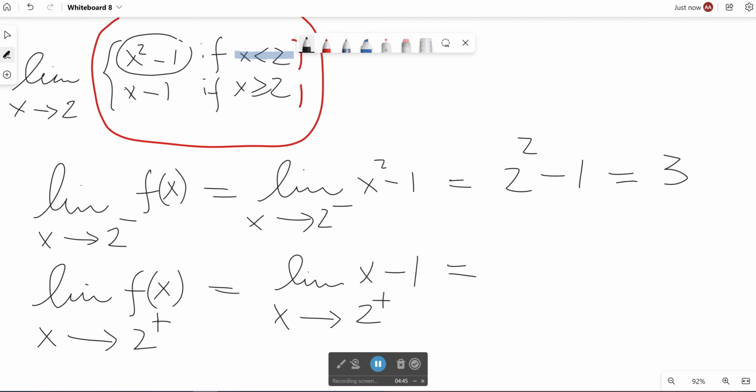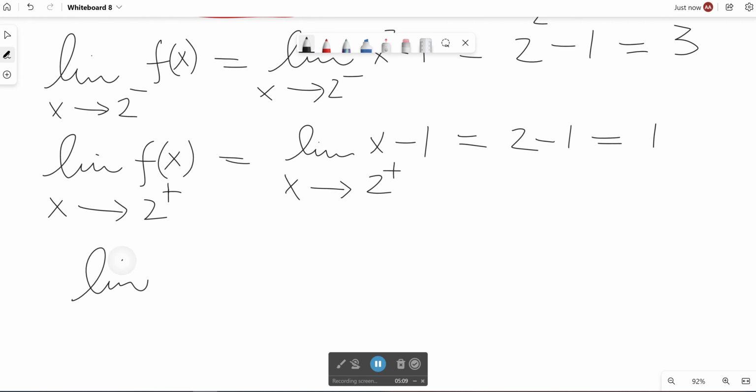Which is a closed form function, and therefore I can plug in 2 for x to get my limit of 1. And in this instance, the left and right limits happen to be different from each other, which means my limit does not exist.